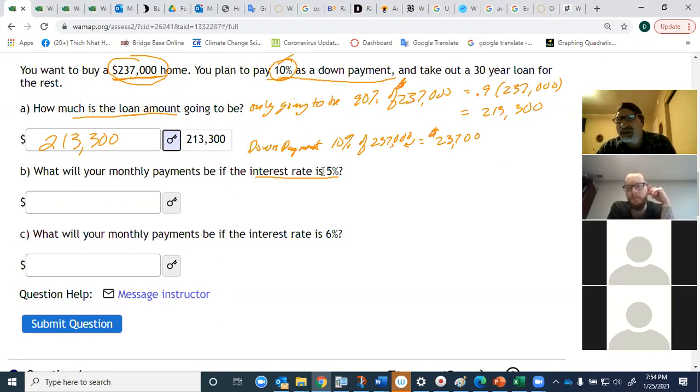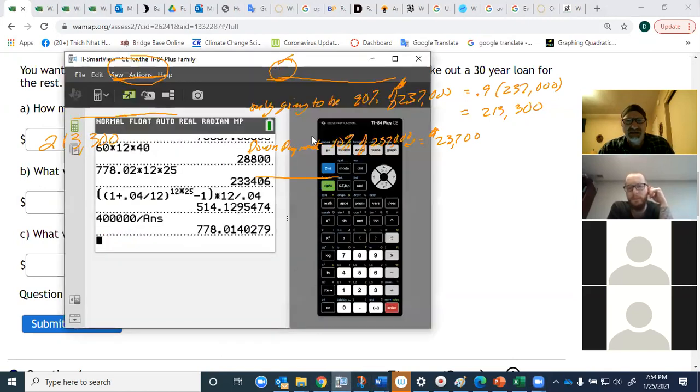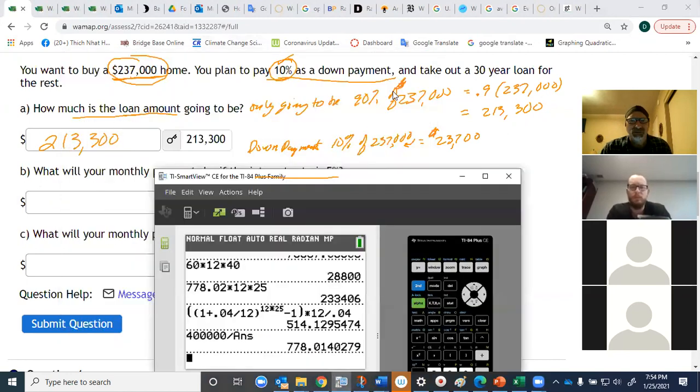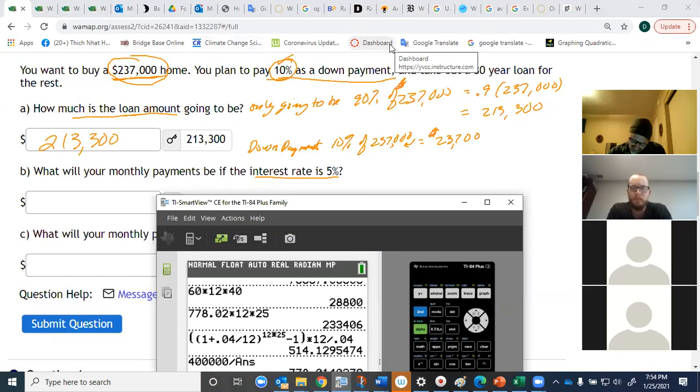Now, to find your monthly payments with an interest rate of 5%, we'll be using the exact same app on the TI-84 as we were using with the investment. So let's go through this again. This tells me that the interest is 5%, right?